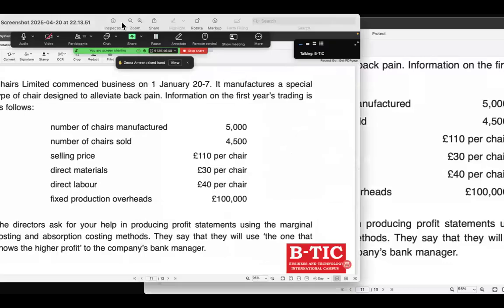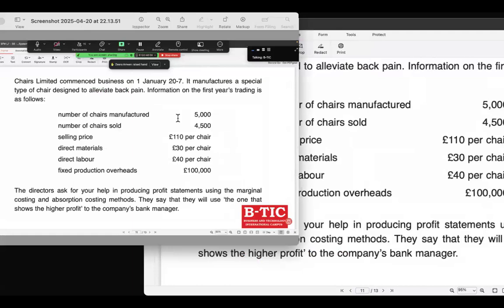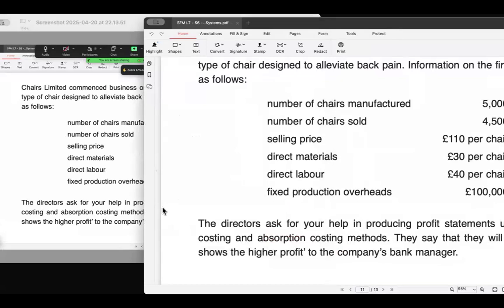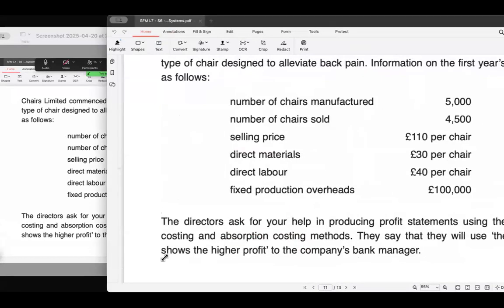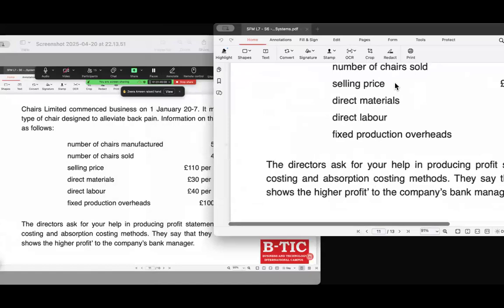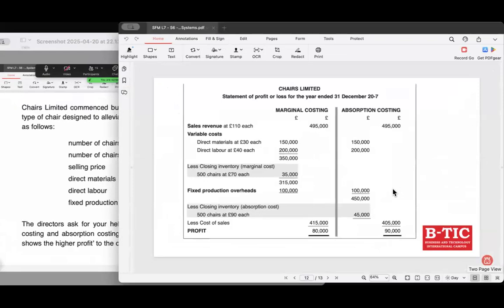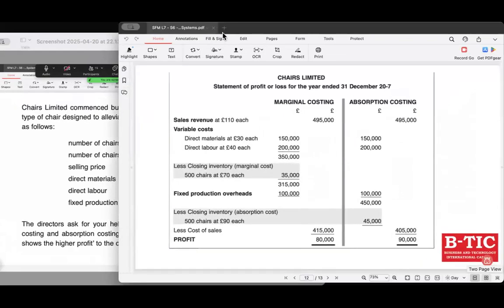All right. Okay. Do you see two documents that I've shared? One is a screenshot and one is the PDF. Could you see both? Yes or no? I don't know whether you can see it. So you have to tell me. Yes. Okay. Thank you.